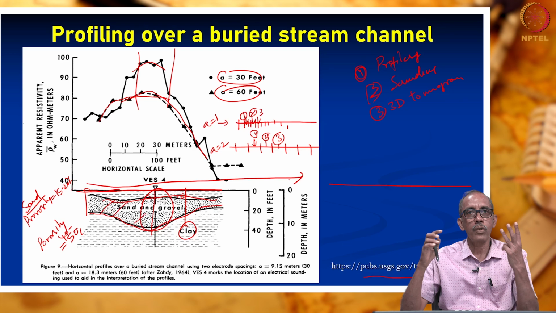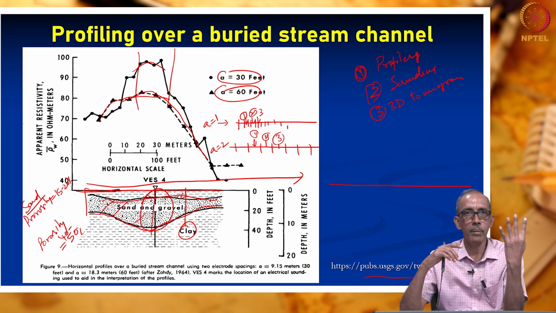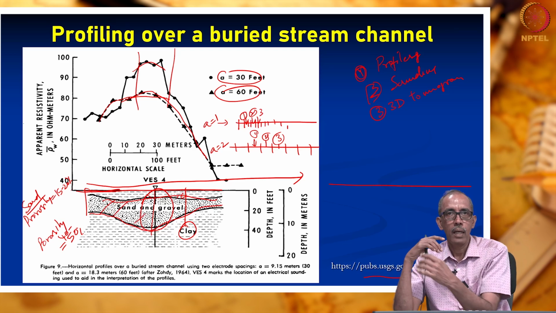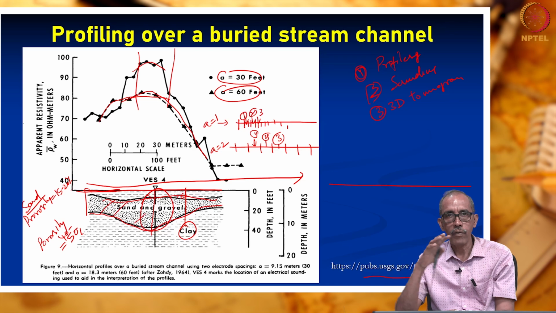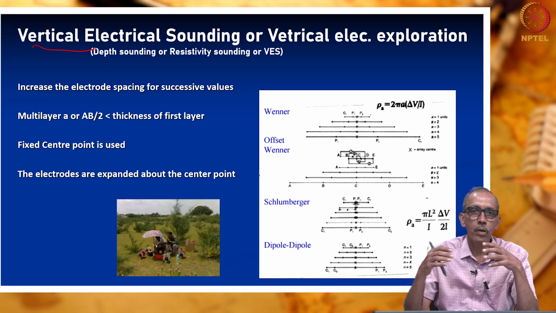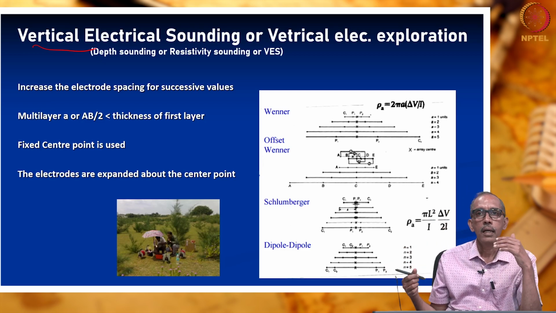We kept the electrodes at the same distance, all the 4 electrodes. You can see my fingers, all these 4 electrodes were progressively moved along a profile to understand the subsurface variation in a lateral direction. Whereas here, our interest is to know how vertically below the surface the lithology changes.